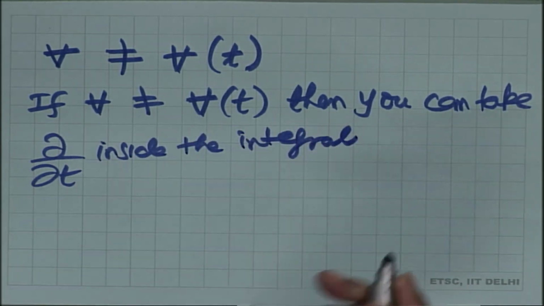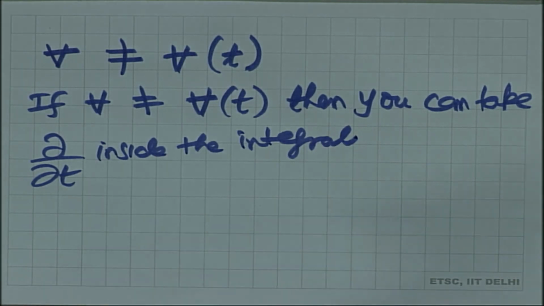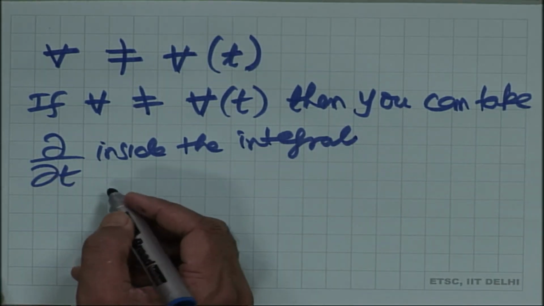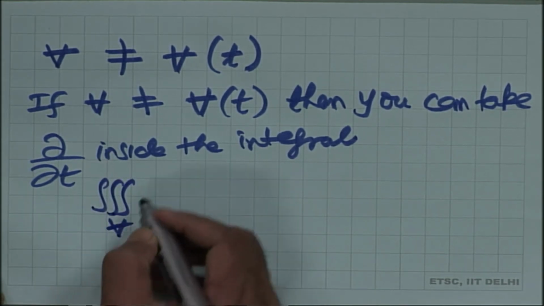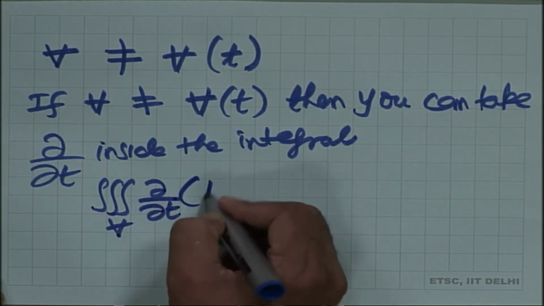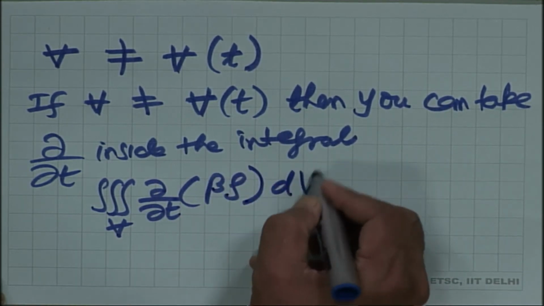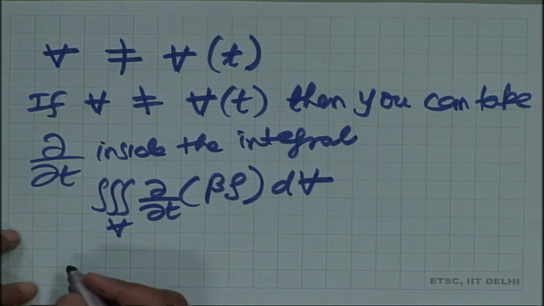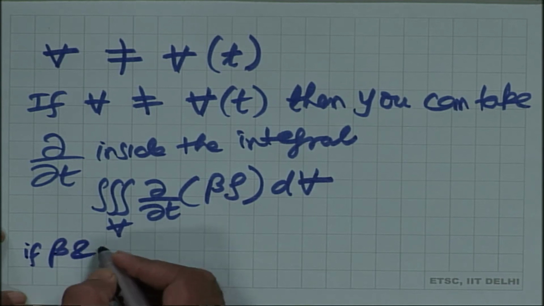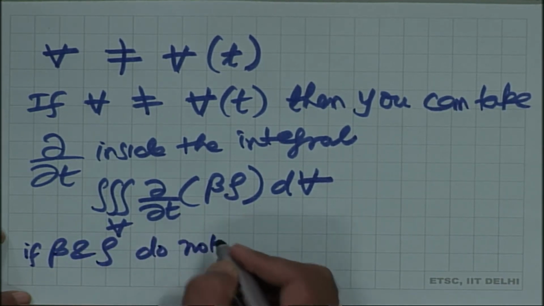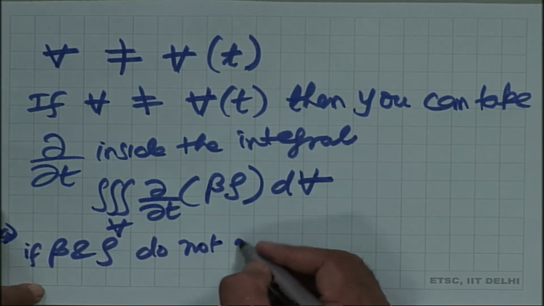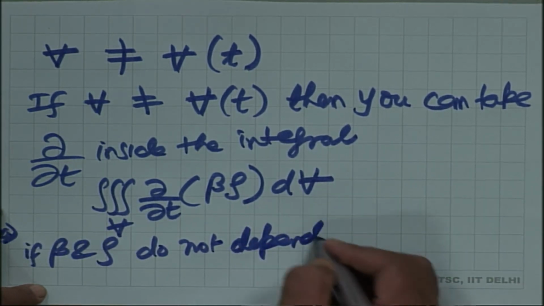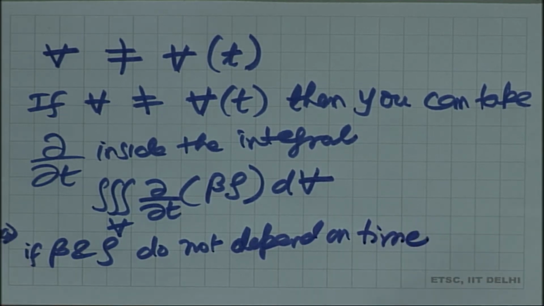So, in most of the cases, if your control volume is fixed, then you can take d by dt inside, and then what you are left with is volume integral of d by dt of beta rho dV. So, for fixed volume you can do it. Now, the second thing is, if beta and rho do not depend on time, in the sense that the partial by partial t is 0, in a local sense they do not depend on time.